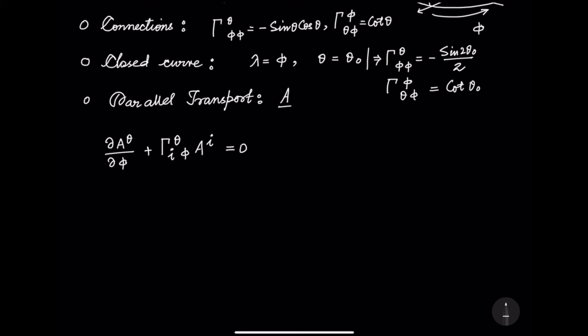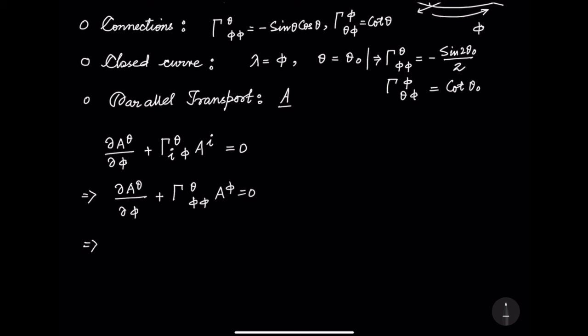This is my equation. If upstairs there is theta, downstairs there is phi, I can only be phi. So what I get is del A theta del phi plus gamma theta phi phi A phi is 0.